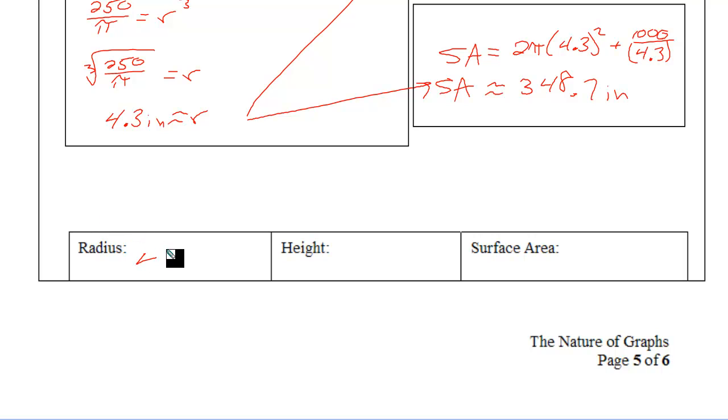So radius 4.3 inches, height 8.6 inches, surface area 348.7 square inches.